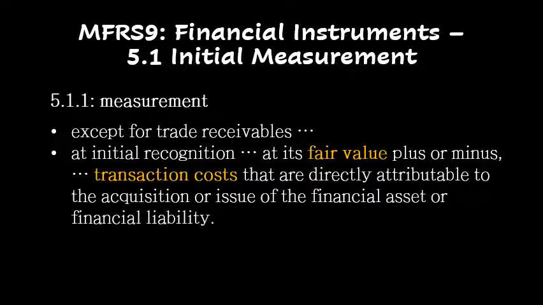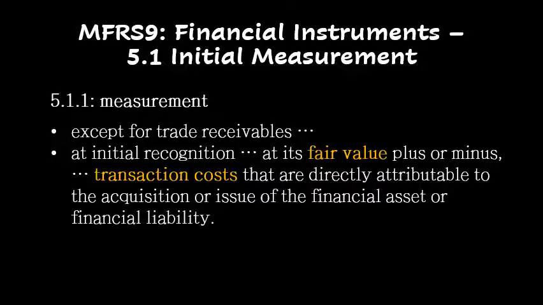In terms of measurement, based on paragraph 5.1.1, except for trade receivables, all other financial instruments at initial recognition must be measured at fair value plus or minus transaction costs directly attributable to the acquisition or issue of the financial instruments.